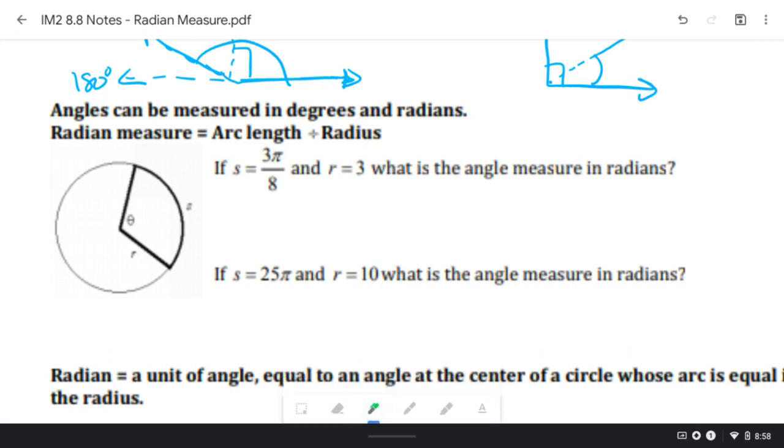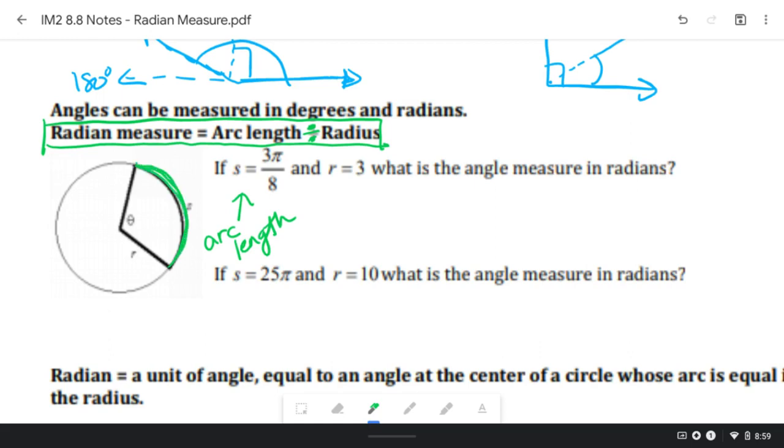All right, so we've got our equation right here. The radian measure is the arc length divided by the radius. So you can just write that down somewhere. And it's giving us this right here as the arc length. That would mean arc length like this. It's just a portion of the circle.